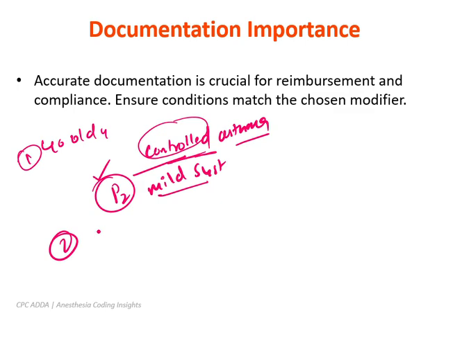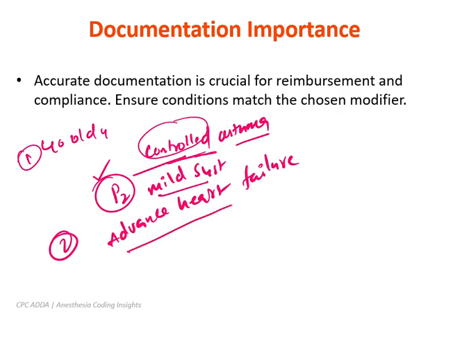In the second example, you see a 60-year-old patient with advanced heart failure requiring emergency surgery for a ruptured aortic aneurysm.